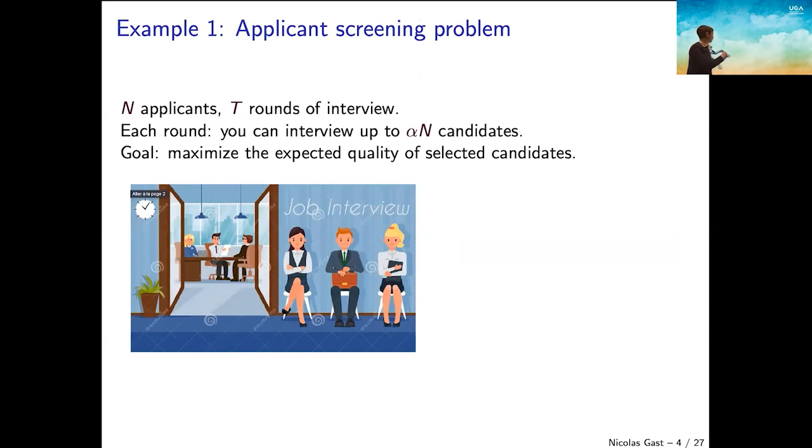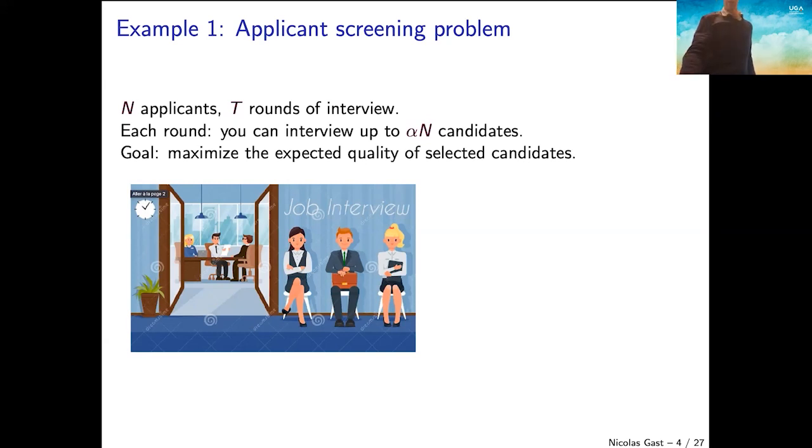You have n applicants, so the applicants are essentially my arms, and you have t rounds of interviews. At each round of interviews you can say, I'm going to interview you, you, and you, and then you interview them one by one, and then there is a second round. You can interview other people, not necessarily the same. And at the end, you want to find the best candidates.